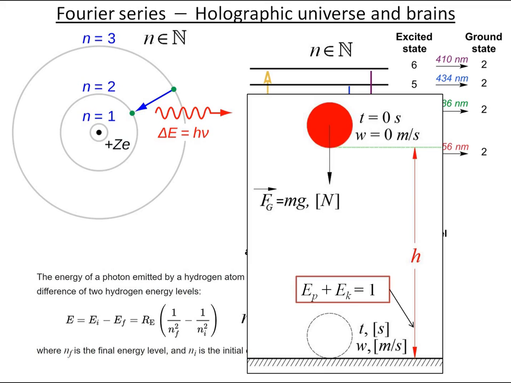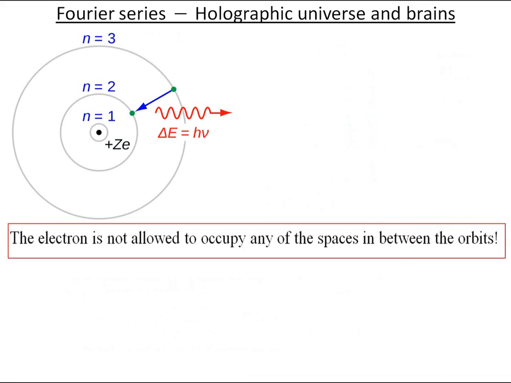The electron is not allowed to occupy any of the spaces in between the orbits. This statement also proves electron quantum jump or quantum leap can happen not just by sequential order, but in between many discrete number energy levels.